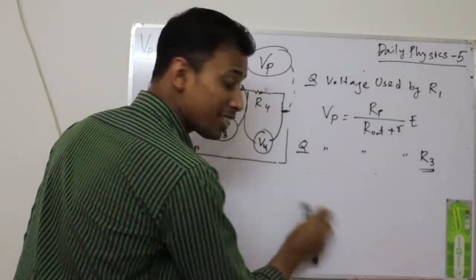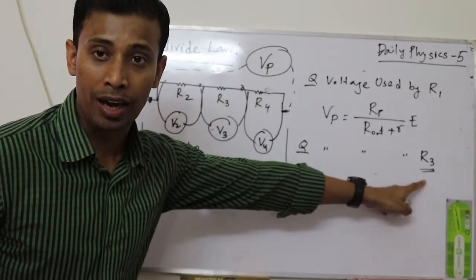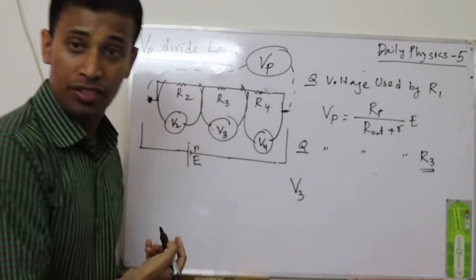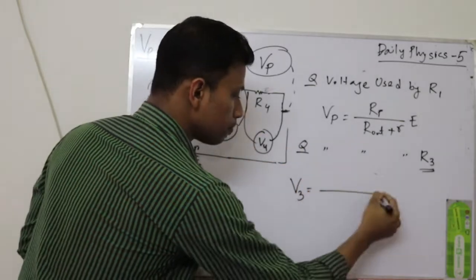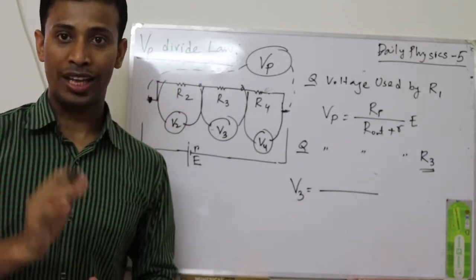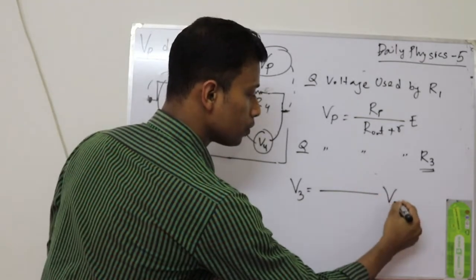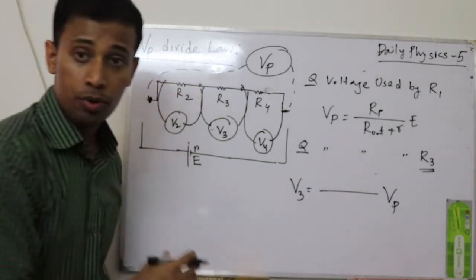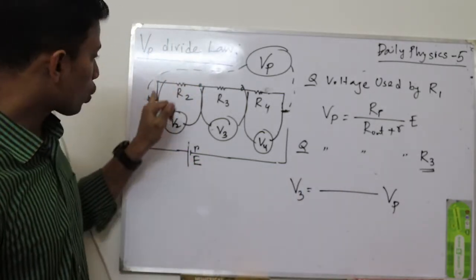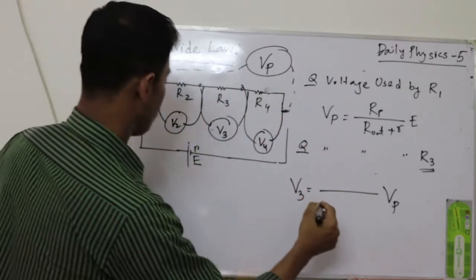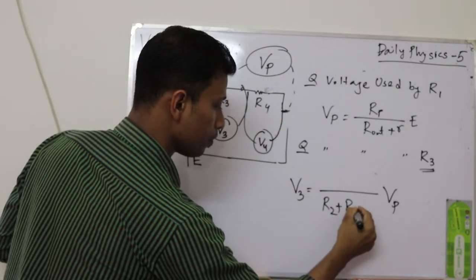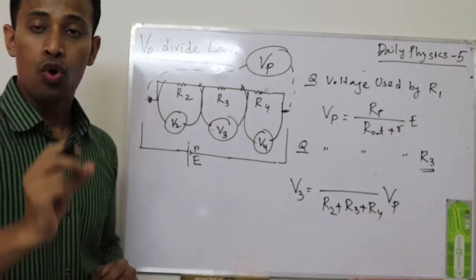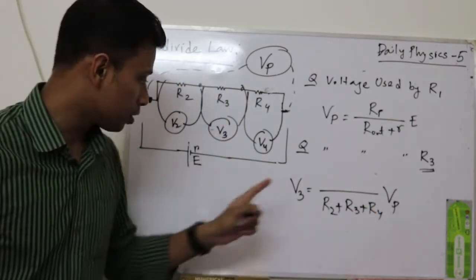We want to get the voltage used by R3, that is V3. As it's not the E divide law but the Vp divide law, we put Vp here, and at the bottom we write the total resistance of this line, that is R2 plus R3 plus R4. Now for which resistance are we getting the voltage?